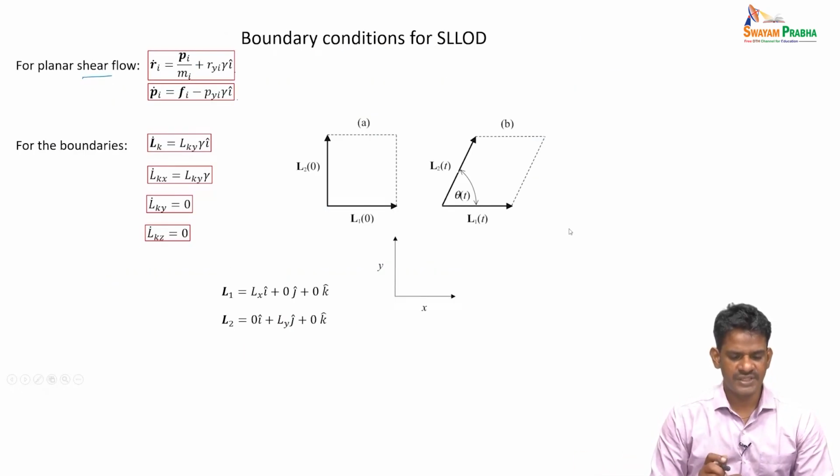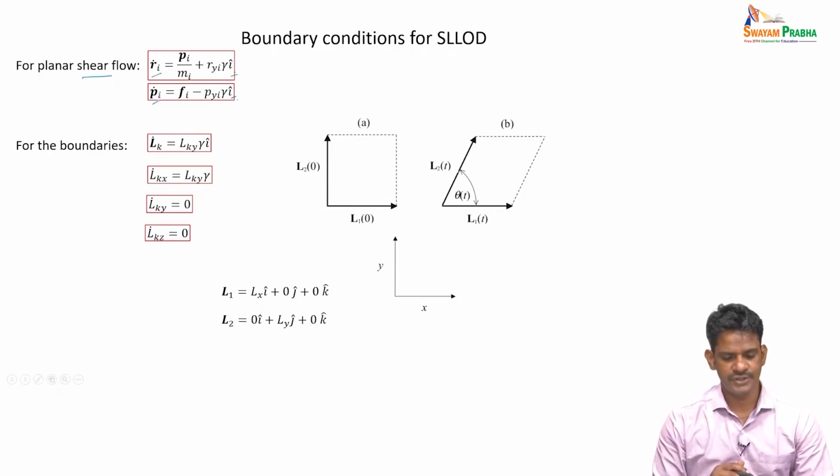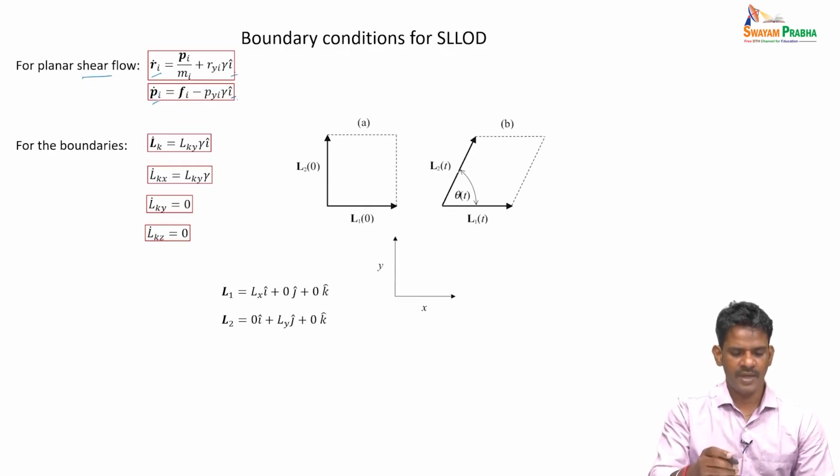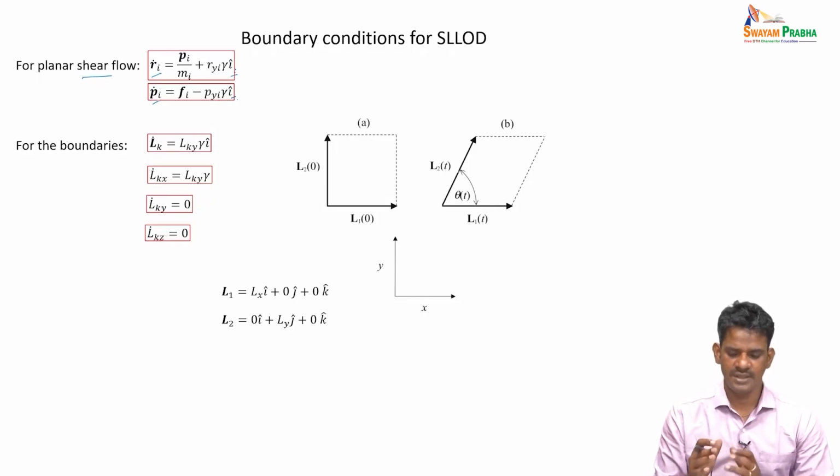So now what we are going to do is we look at this equation of motion for how the velocity is changing and how the acceleration is changing. Now if you look at the top boundary as well as the bottom boundary of the simulation box, we basically write the simulation box through certain unit vectors. It can be a cubical shape, then we have three orthogonal vectors for x, y, z to describe the box.